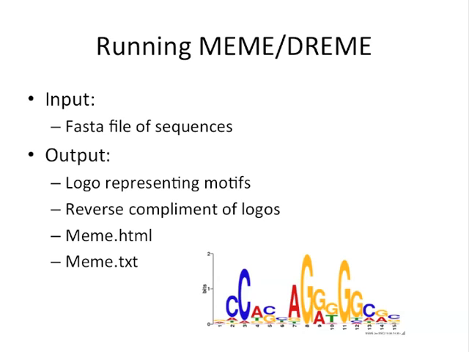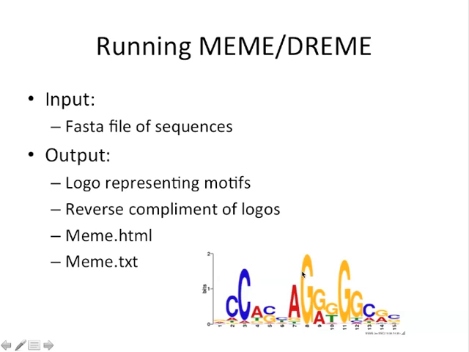What it outputs is several logos, however many you ask it to, representing your motifs. This is that PSSM, that position matrix that I mentioned before. At every place in this motif, there's some information content about the nucleotides that most commonly occur there.